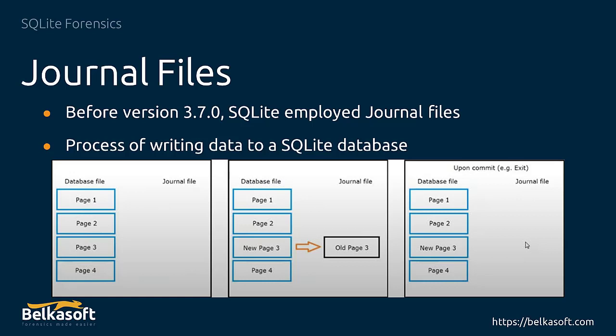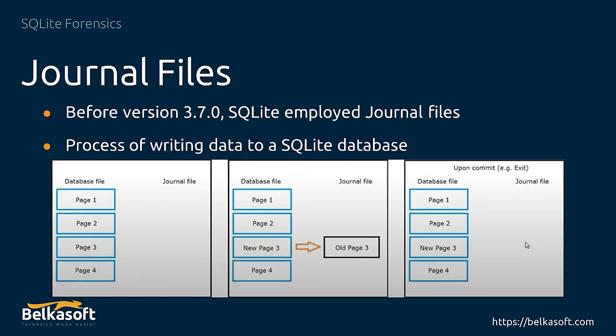So, old page number 3 goes into the journal file, a file kept in the same folder as the database file and usually named something-db-journal. So if the code is required to roll back, this will override the new page number 3.